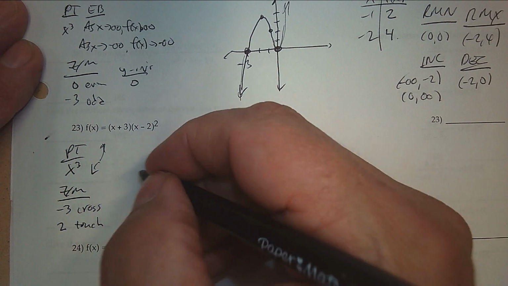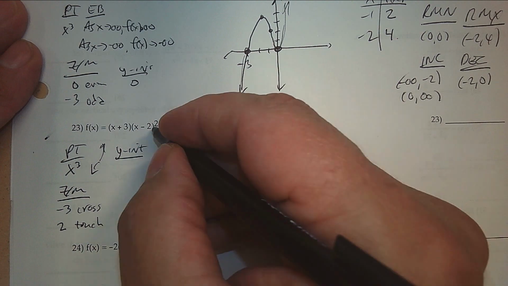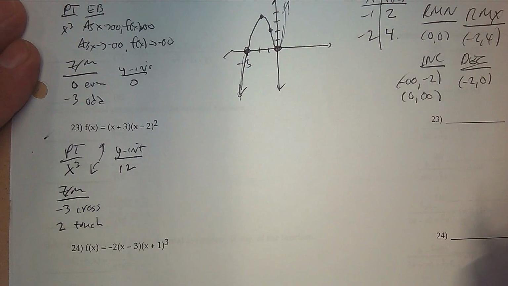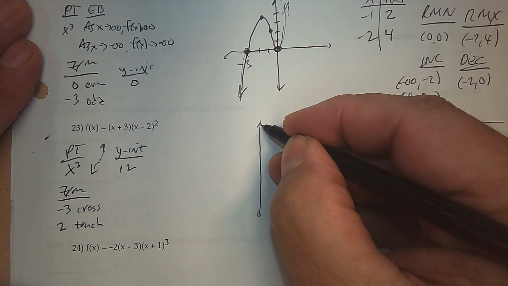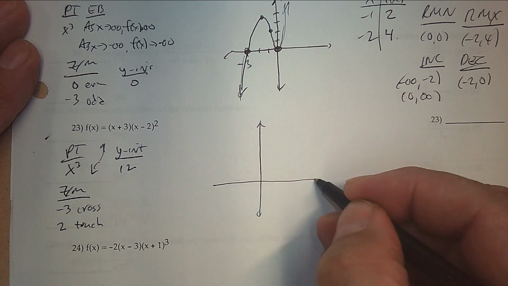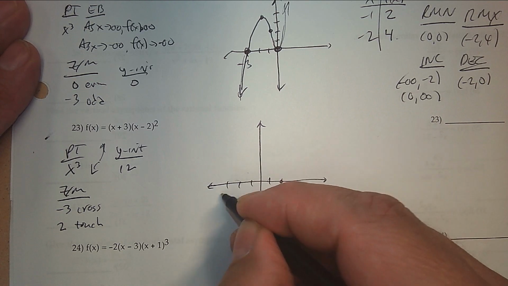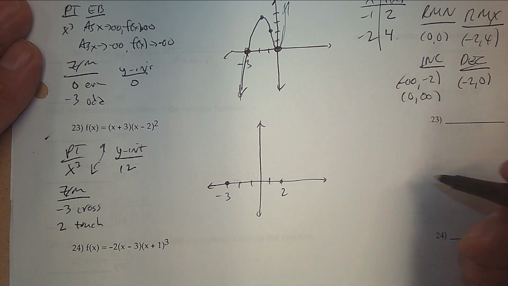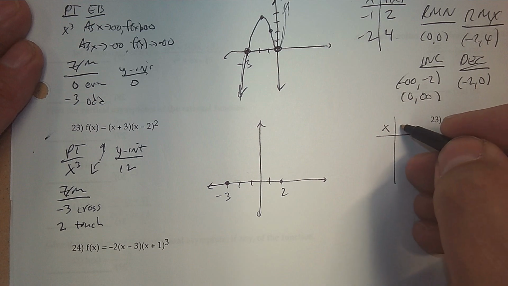The y-intercept is going to be at 4 times 3, which is 12. So we can at least get a sense of the graph right now. I'm going to fill in some points here between the intercepts.